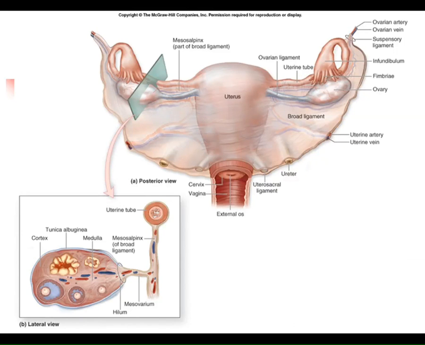So if for some reason during that 5 or 6 day journey the embryo gets stuck in the fallopian tube and tries to set up shop in the fallopian tube, then that's an ectopic pregnancy. And what can that embryo do? Can it survive? No, there's no uterine lining, there's no possibility for the embryo to survive there.